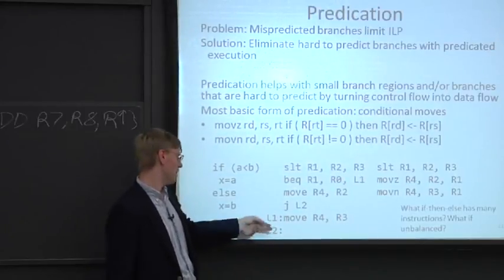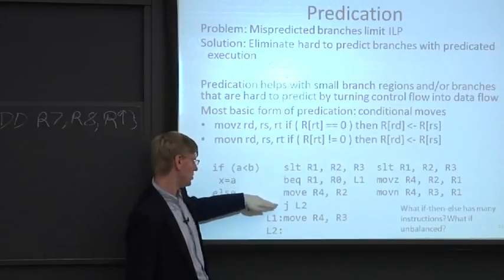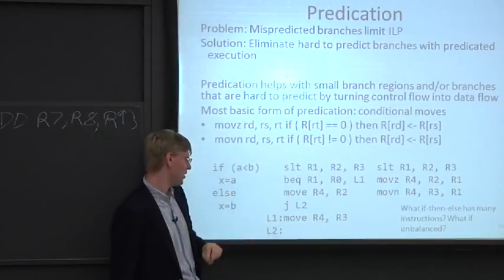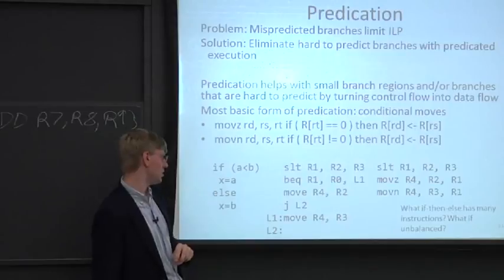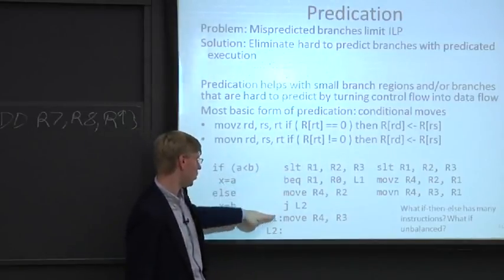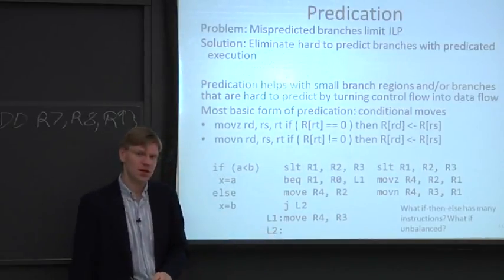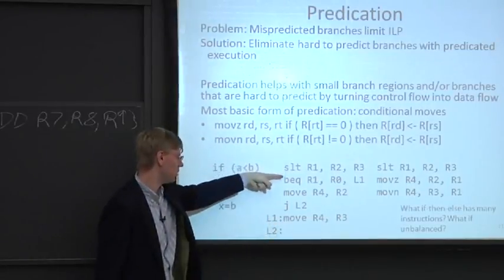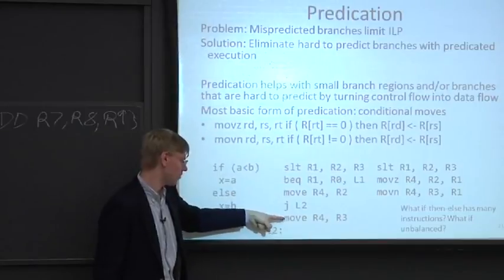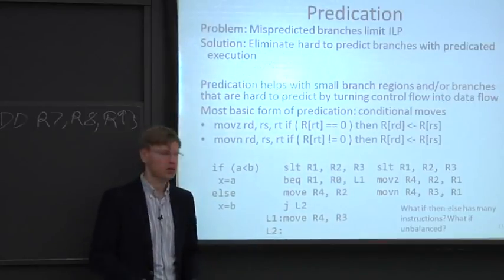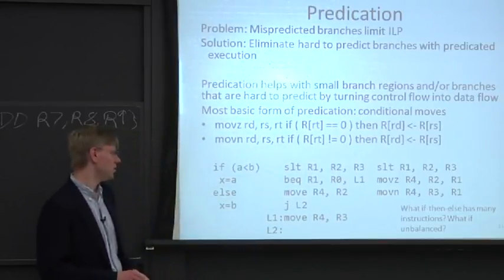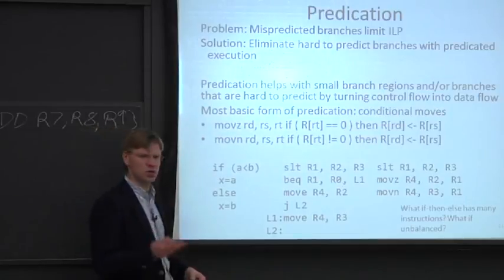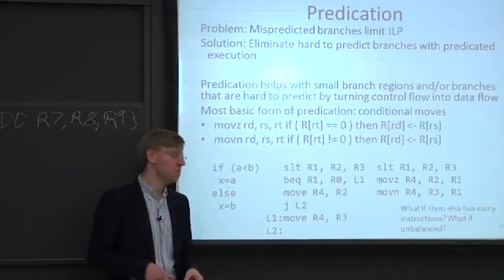So it's going to be 1, 2, 3, 4 instructions in the one case. And the other case, it's going to take the branch and jump to here. So it's going to be 1, 2, jump over all this stuff, 3 instructions. OK, that's not so bad. So the one case is 4 and the other case is 3.